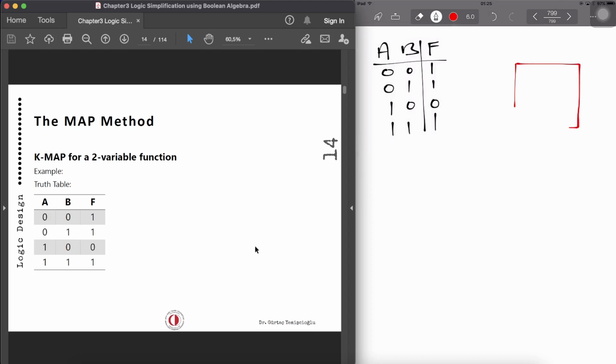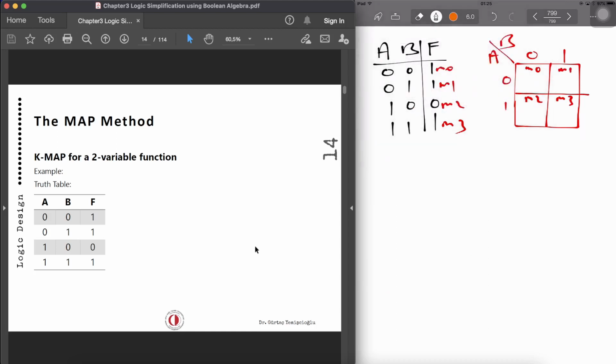Again, we need 4 squares as we have 2 variables, and those variables are A and B, where A is 0, A is 1, and B is 0, B is 1. Minterm 0, minterm 1, 2, 3. So minterm 0, minterm 1, minterm 2, minterm 3.